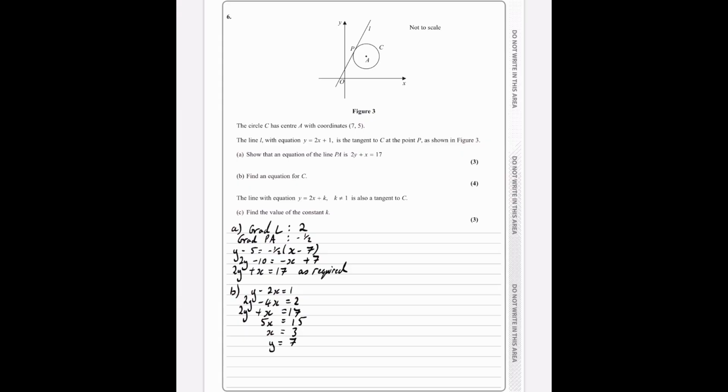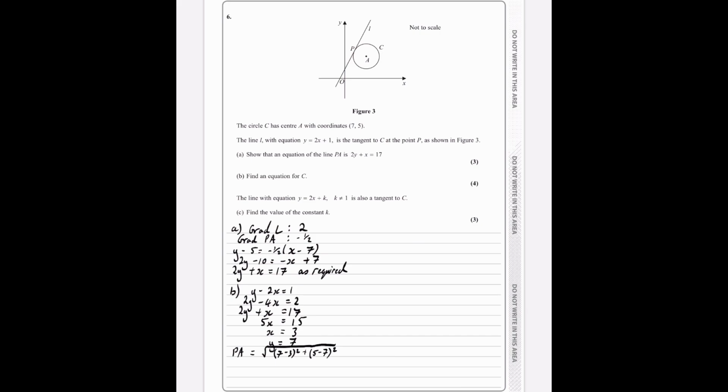That allows us to find the length of A to P, or if you prefer, the radius of the circle. So plug the points A and P into the distance between 2 points formula. Essentially, it's just Pythagoras. Difference between the x's squared, the difference between the y's squared, and then square root those, you get the square root of 20.